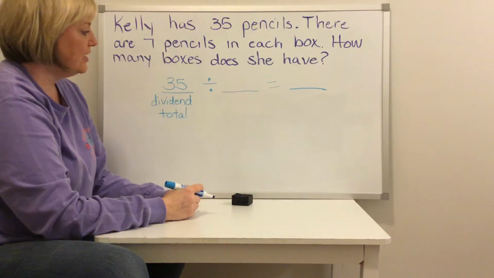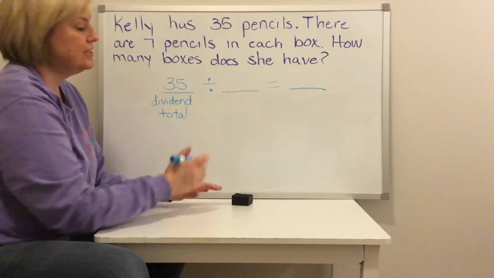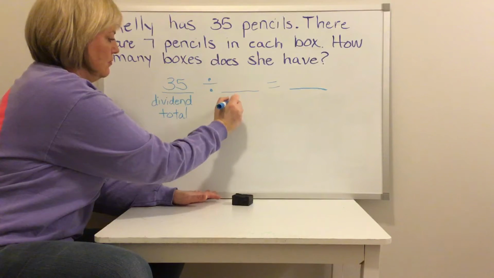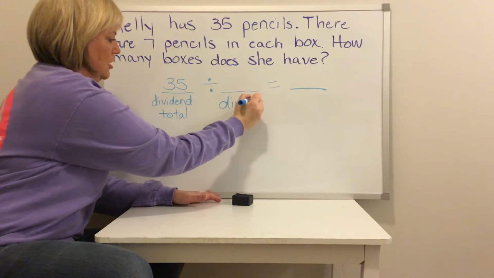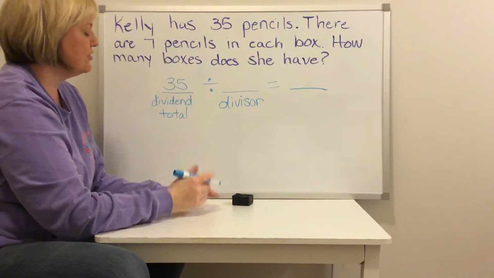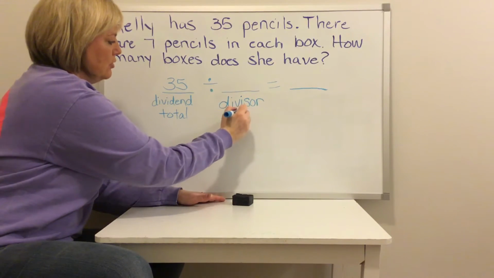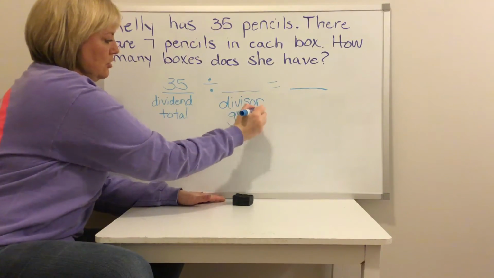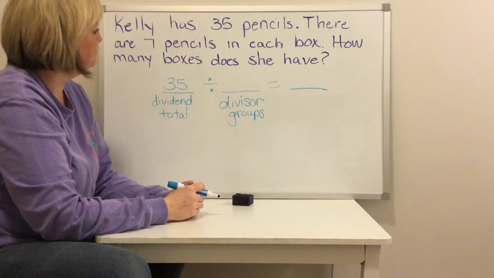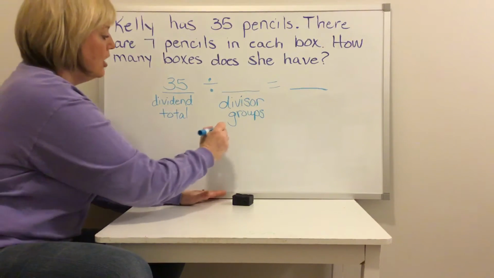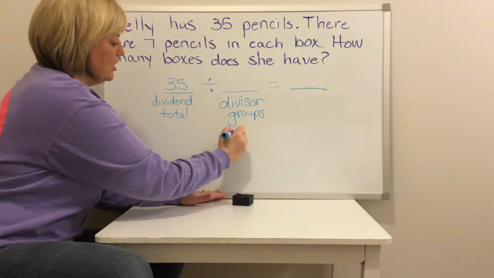Now, our second number in the division problem is the divisor. And that tells us how many groups we're dividing things into, or the number in each group.